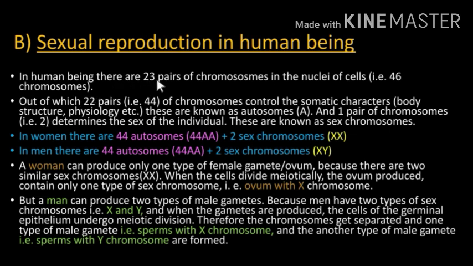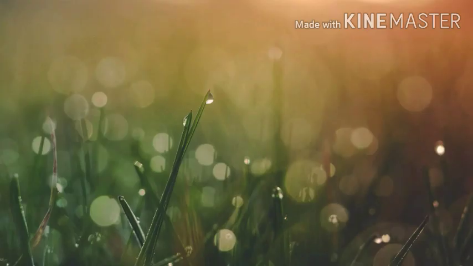Out of these 23 pairs, 22 pairs, that means 44 chromosomes, control the somatic characters, that means the body structure and physiology, that means height, physical appearance of the nose, ear, face, color of the skin, etc. These are the somatic characters.